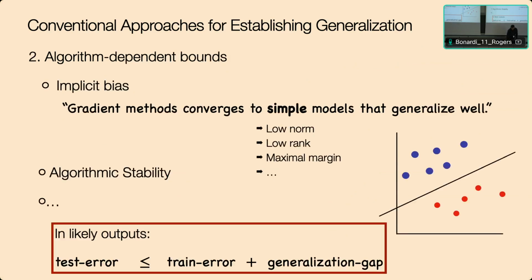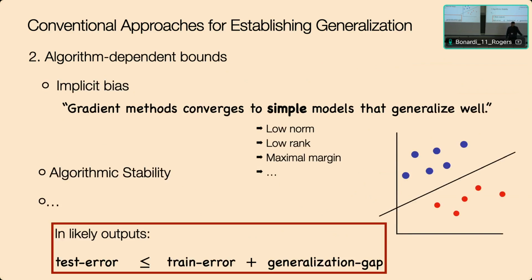Another approach for establishing generalization is algorithm-dependent. I mentioned two here, but there are many more. For example, implicit bias of gradient methods is the belief that gradient methods converge to simple models that generalize well.